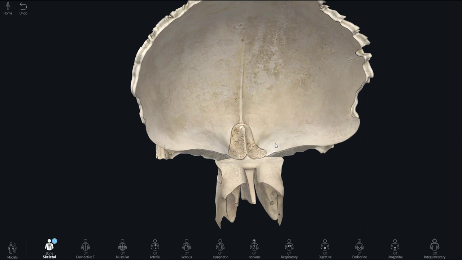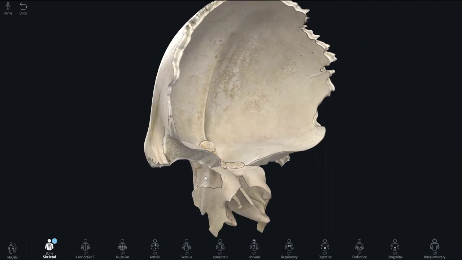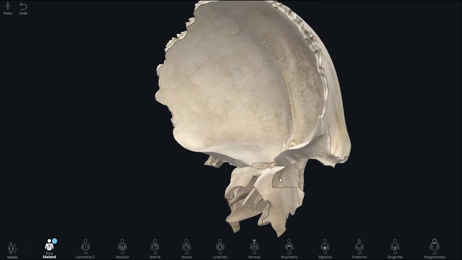So the articulation of the medial margin of the U-shaped ethmoidal notch is with the superior surface of the bony labyrinths on both sides over here, the superior surface of the bony labyrinths of the ethmoidal bone.